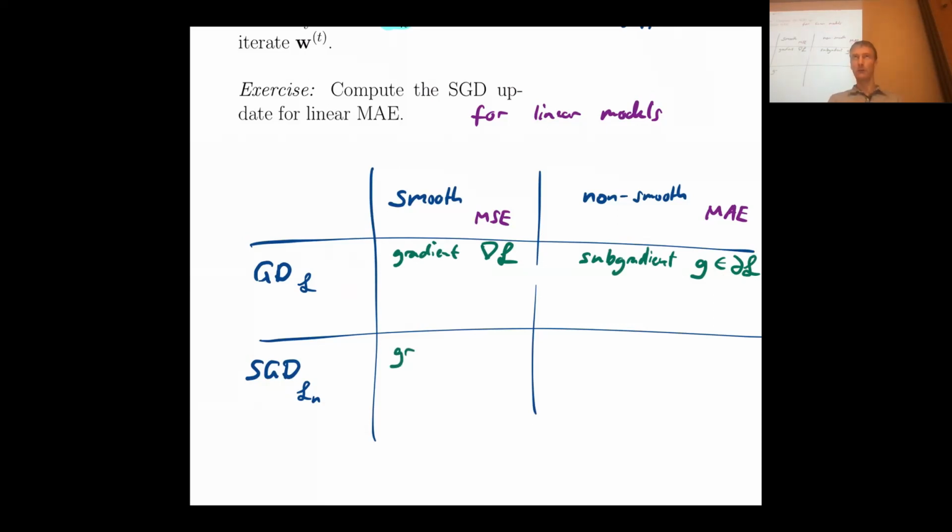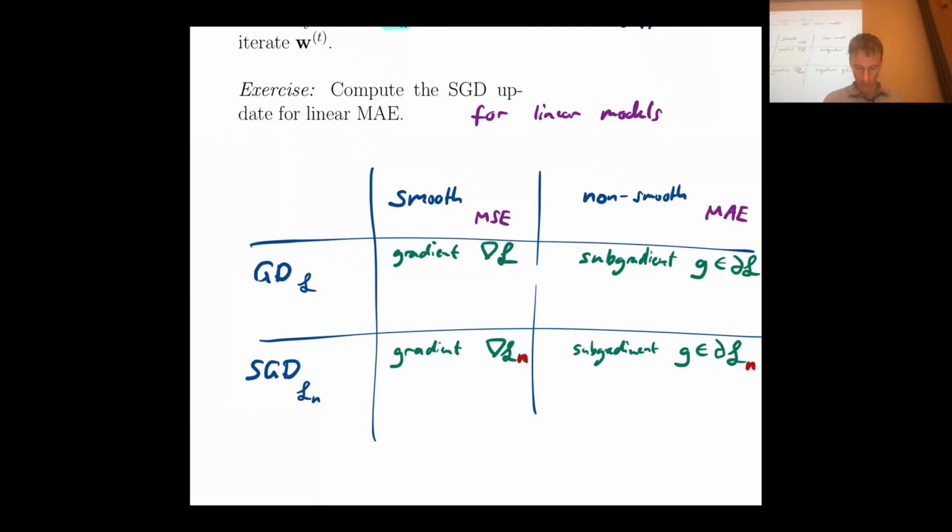If we have SGD, then we are working on a sum structure and we only use one element of the sum, only the Ln to do our step. And if you have both this sum structure and non-differentiable points, then we use one of the subgradients of Ln, as you would expect. And that's the whole summary.